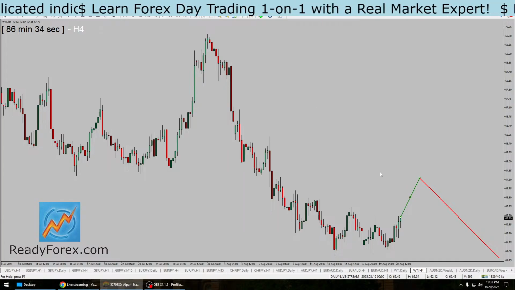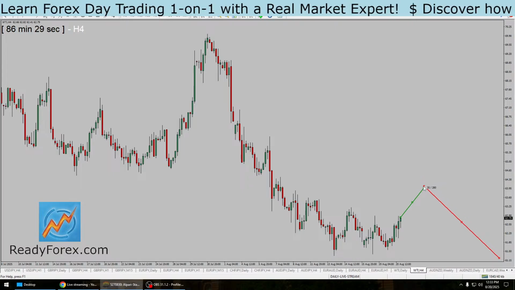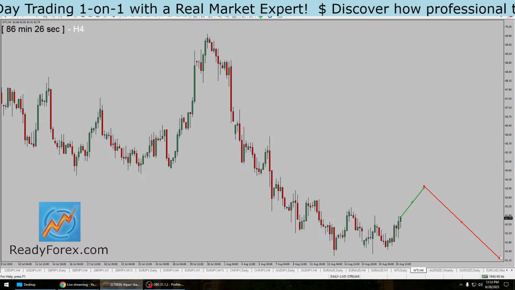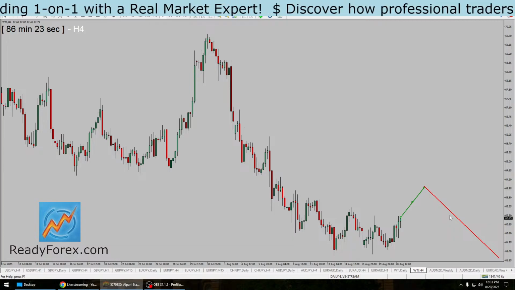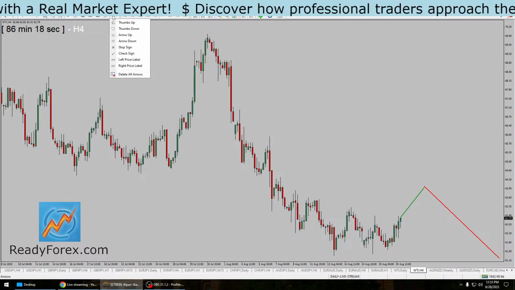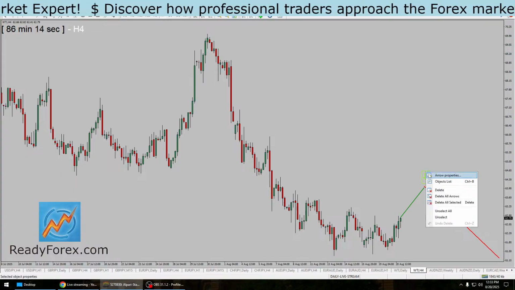Let's save this one over here. So my forecast is overall bearish in crude oil in daily time frame as well as in 4 hour. So down over here, this is my potential sell trade plan over here.